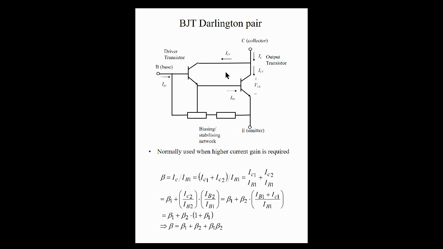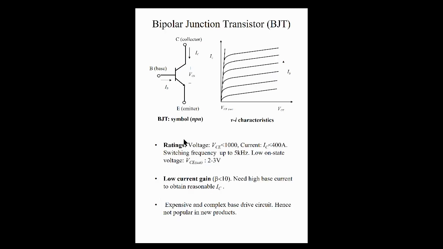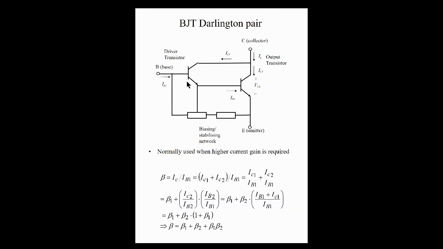All right, so how do we realize that higher gain as compared to just looking at this transistor by itself? We can look at the math. By gain, it's the ratio of our collector current to the base current.